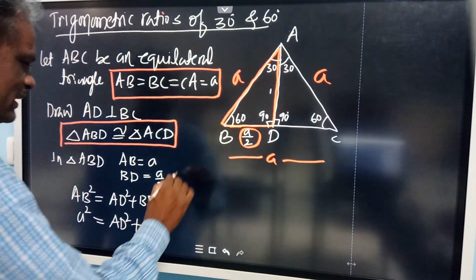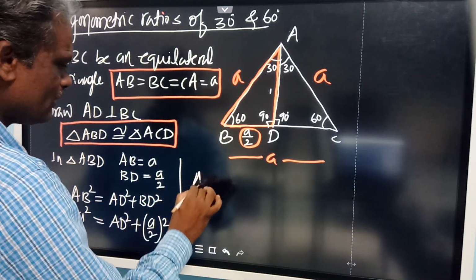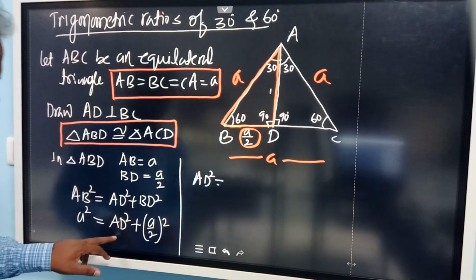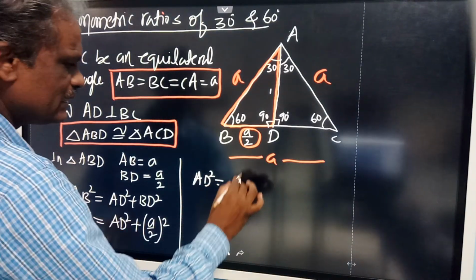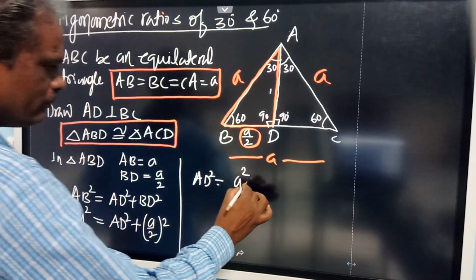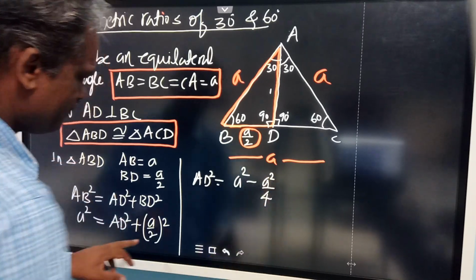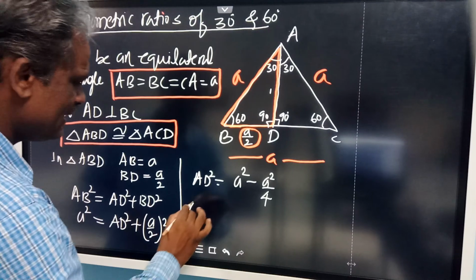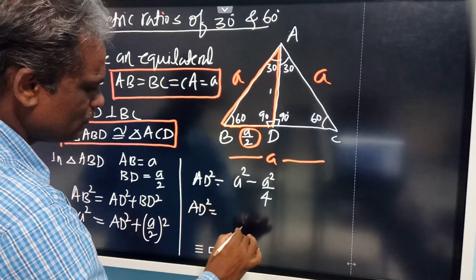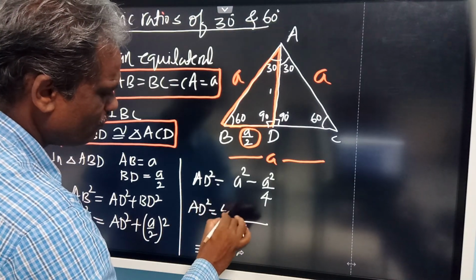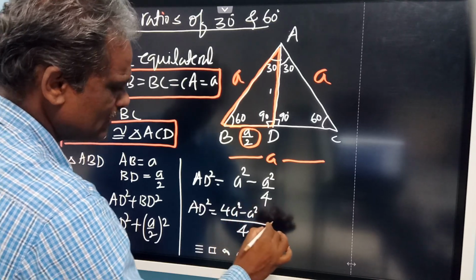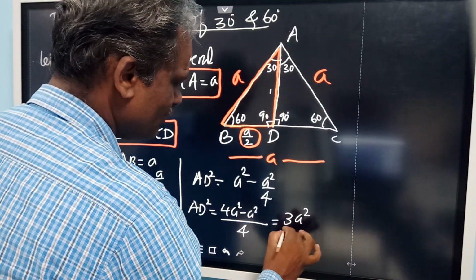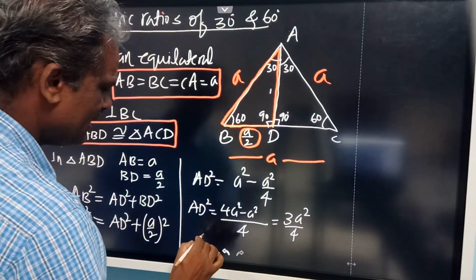So now if you simplify this, AD square will be equal to A square as it is, transfer this to the left side, minus A square by 4. A by 2 whole square means A square by 4. So AD square will be equal to, 4 is the LCM, 4A square minus A square, that is 3A square by 4.